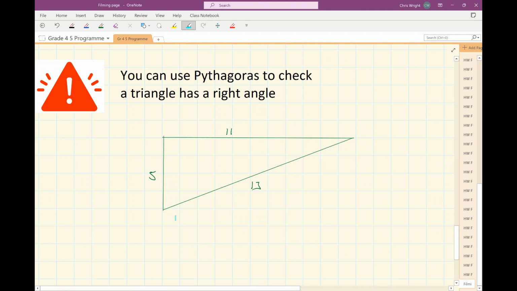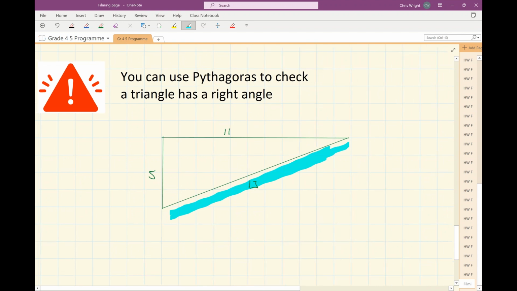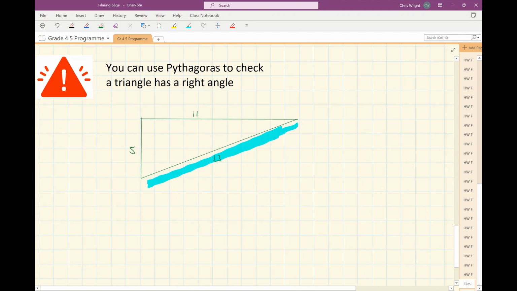Well, the 13 is the longest side anyway. But if it is a right-angled triangle, then that is the hypotenuse. So, if it is a right-angled triangle, if I get 11 squared and 5 squared, which, by the way, is 121 and 25, if I add those together and square root, I should get 13, shouldn't I?